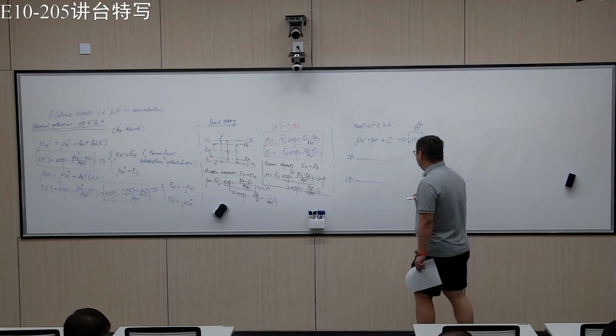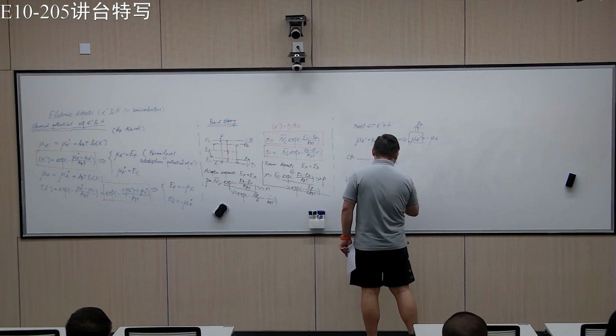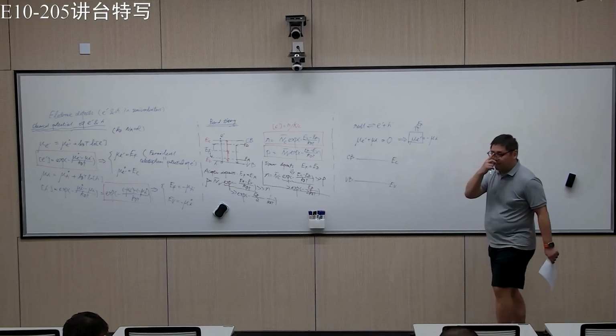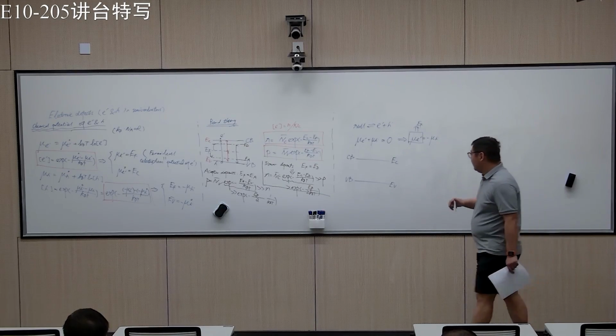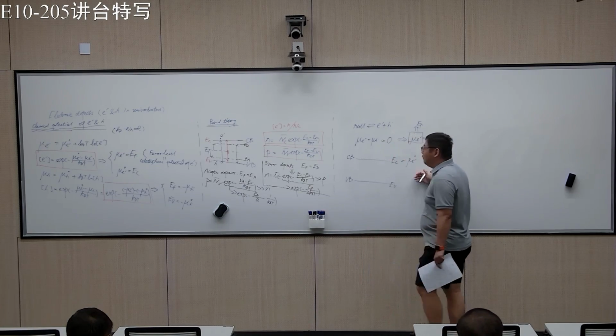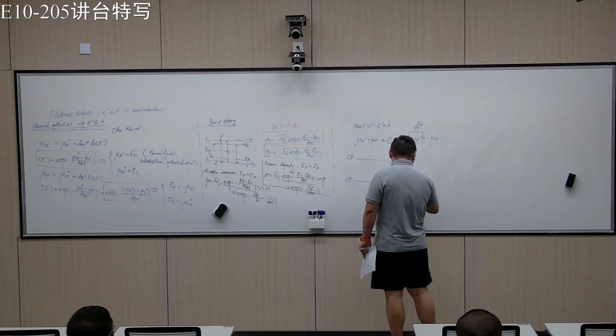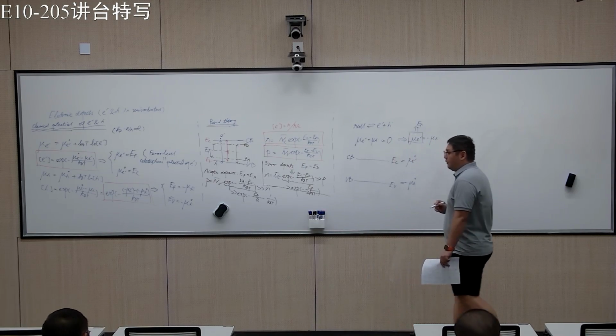So we have EC and EV. That's in semiconductor physics language. But we know that this now should be the standard chemical potential for electrons, and this will be the negative standard chemical potential for holes.